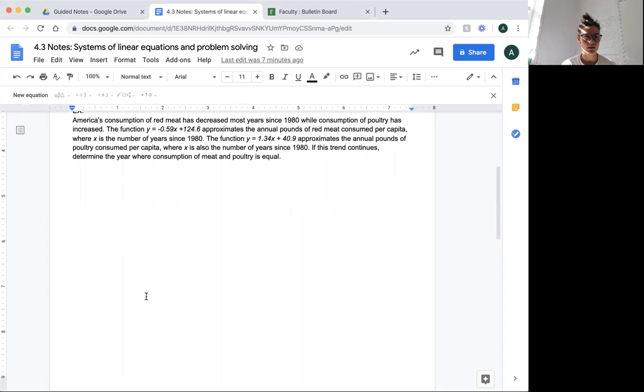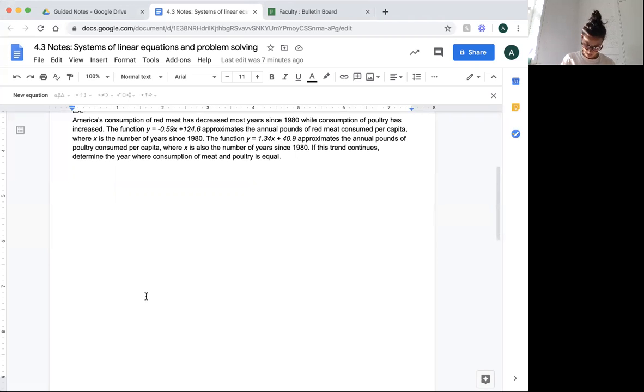The function y equals negative 0.59x plus 124.6 approximates the annual pounds of red meat consumed per capita, where x is the number of years since 1980. The function y equals 1.34x plus 40.9 approximates the annual pounds of poultry consumed per capita, where x is also the number of years since 1980. If this trend continues, determine the year where consumption of meat and poultry is equal.